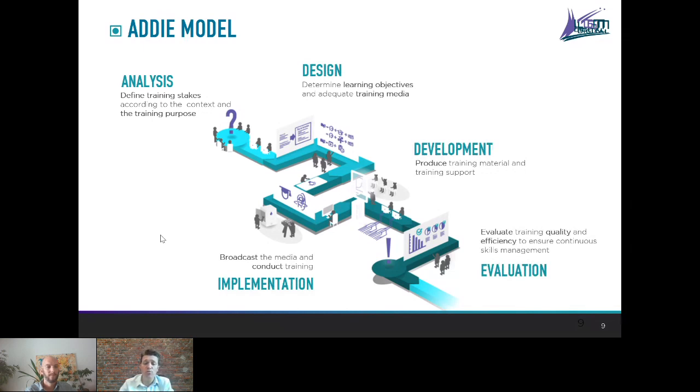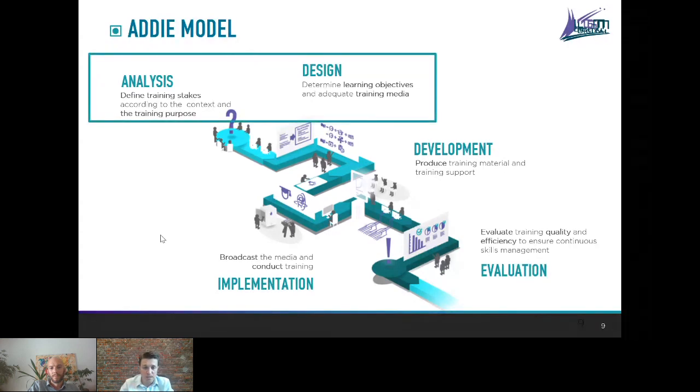The evaluation allows us to measure the satisfaction of the learners with regard to the training. It also allows us to verify the acquisition of knowledge by the population, and eventually we can also assess the return on investment, the ROI, of a training program. It is important to remember that the S6000T concerns only the analysis and design phases.